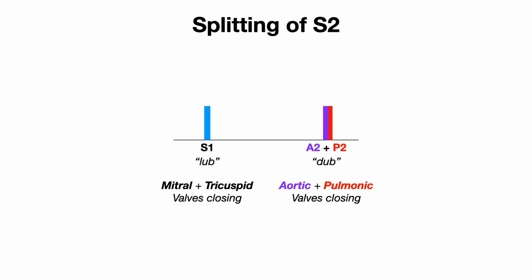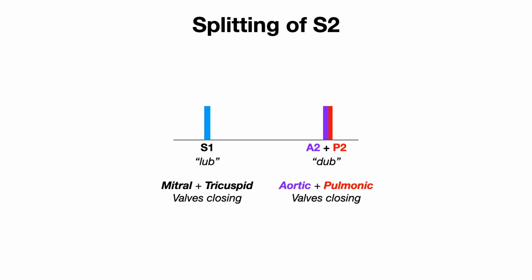So what can happen sometimes is that when certain pathologies get introduced in the heart, or somebody changes how they're breathing, A2 and P2 can actually separate. So that singular purple line representing A2 and that singular red line representing P2 can actually have some shifting.